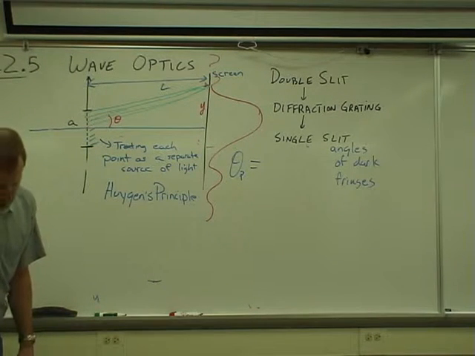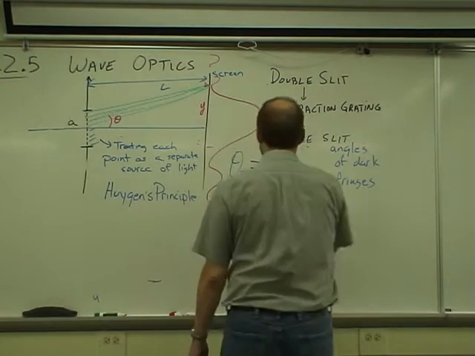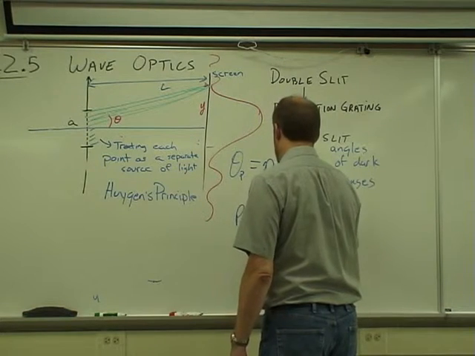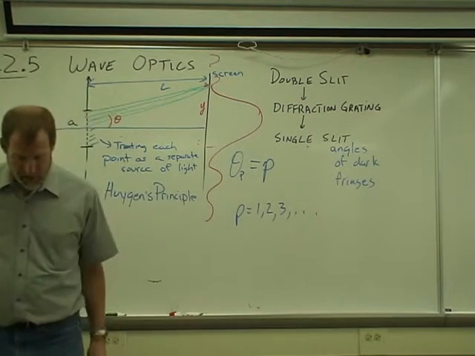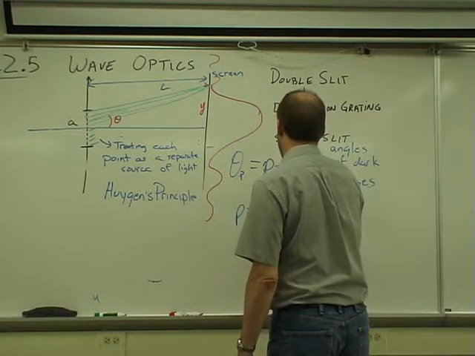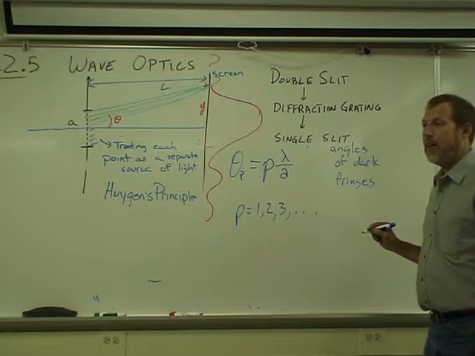And that will give me that the angle at those cases will be equal to P, which is some integer, P equal to 1, 2, 3, whatever, times lambda over A, where A is the total size of that single slit.